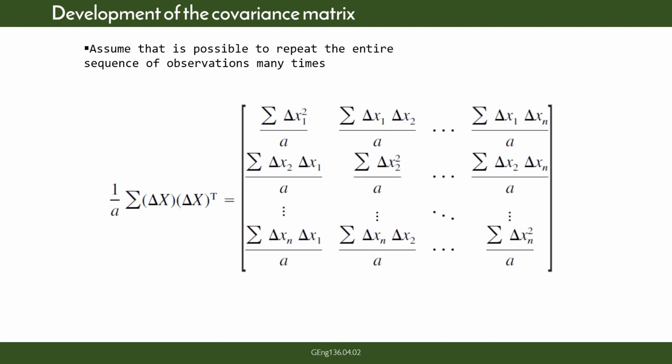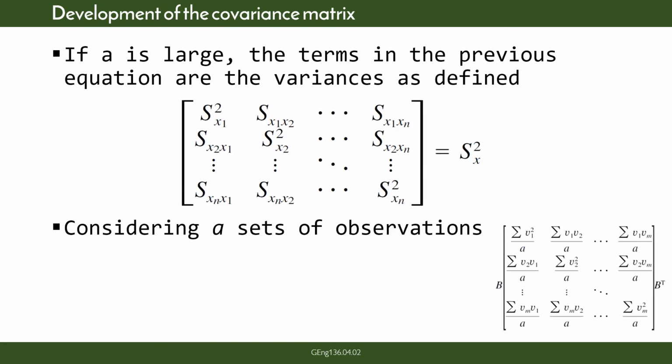So assume that it is possible to repeat the entire sequence of observation many times, then you have your A. So this serves as how many times your observation. Given that the number of observations, which is A, is quite large, the terms in the previous equations are the variances as defined.